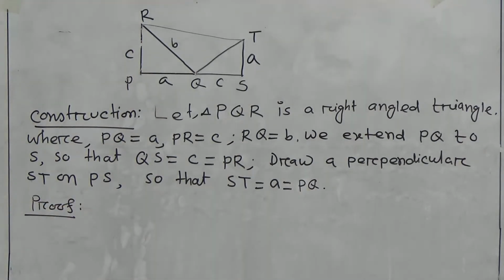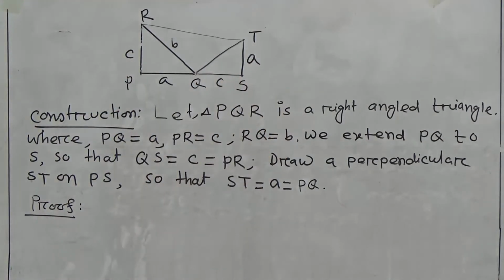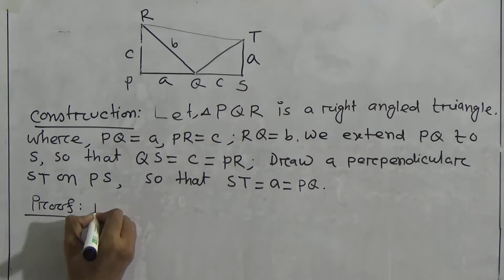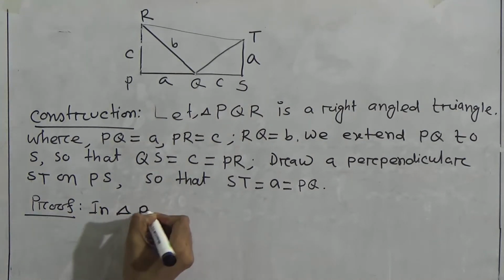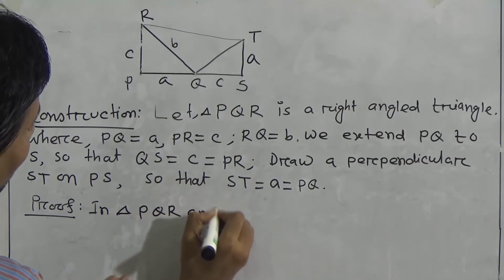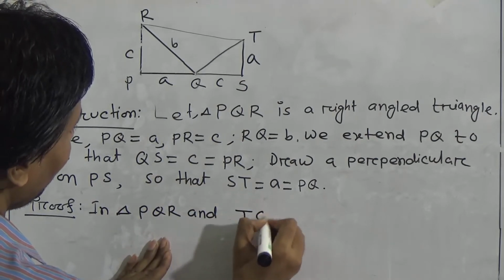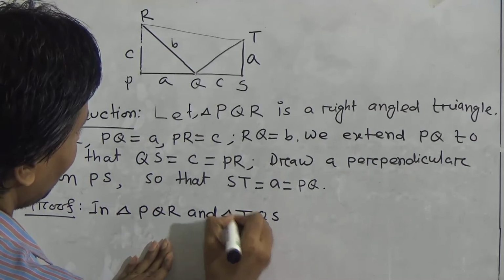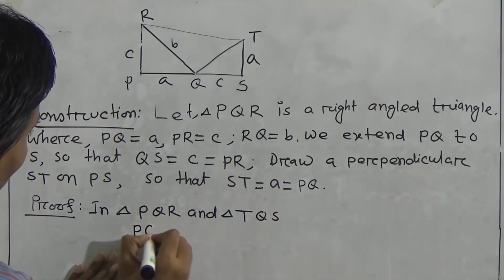Okay, dear student, at first I want to compare RPQ and TQS between these two triangles. Look, in triangles PQR and TQS, between these two triangles, you see PQ equal to what?